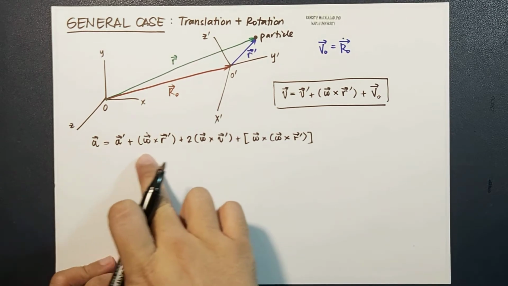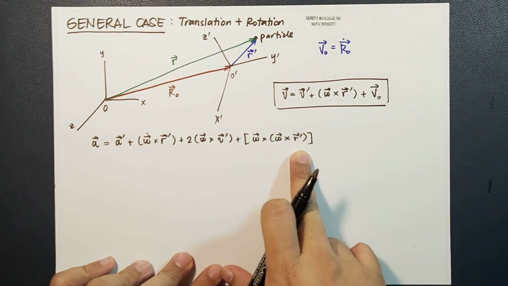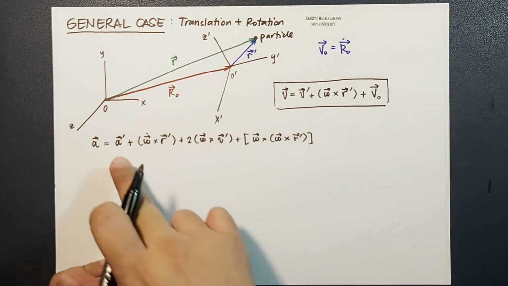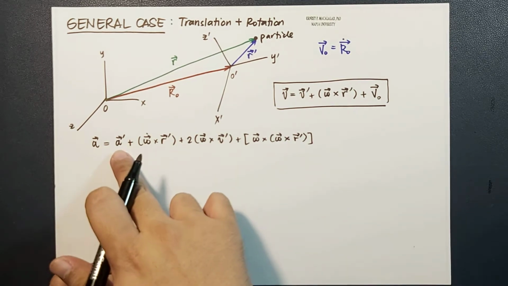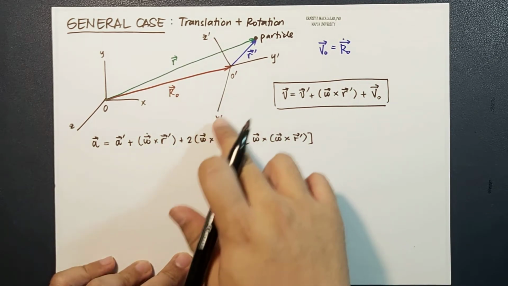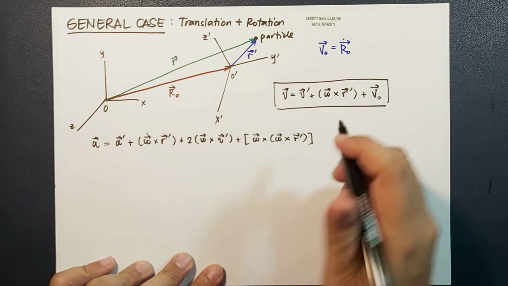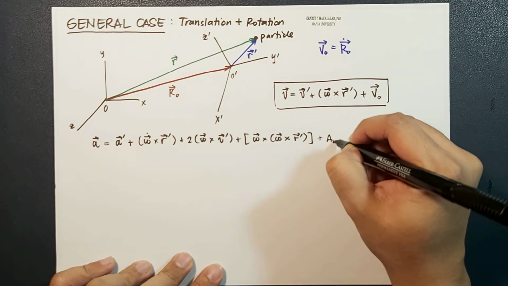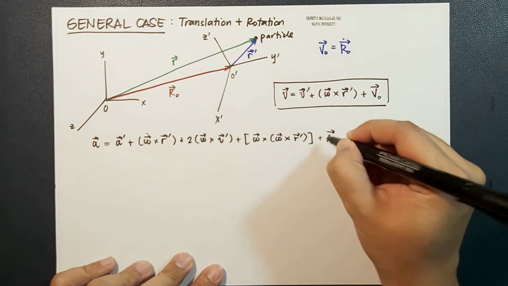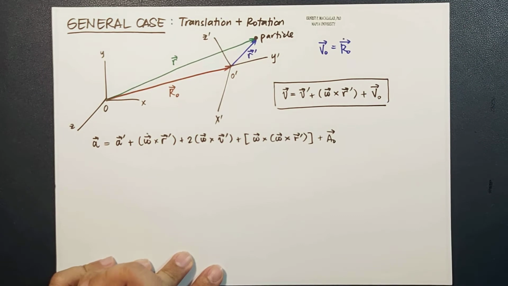We notice that this was determined last video, and results from the rotation of your moving frame. Then we just add the translational acceleration of your moving frame.